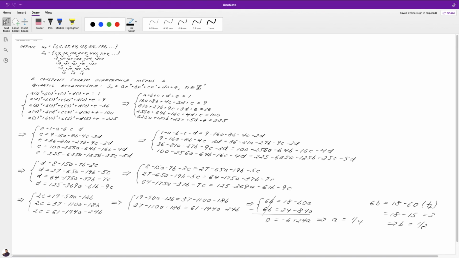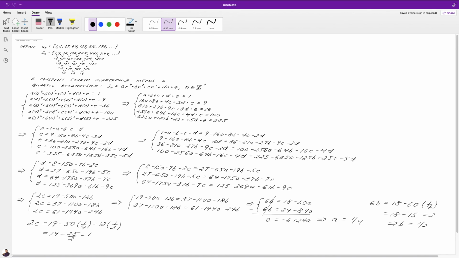Let's now seek to find C. Let's just use this top equation here. We've got 2C is equal to 19 minus 50 times A, which is 1/4, minus 12 times B, which is 1/2. Okay, making sure we've plugged that in correctly. Indeed we have. So it's going to give us 19 minus, we'll simplify this to 25 over 2.